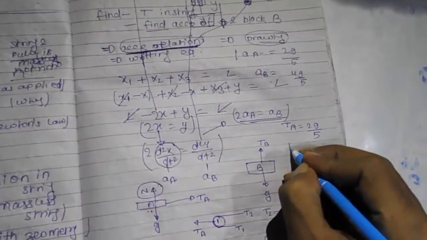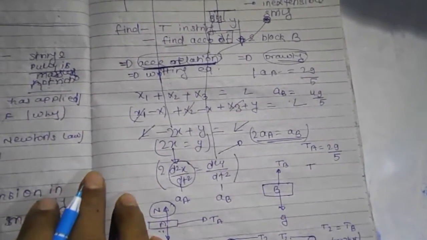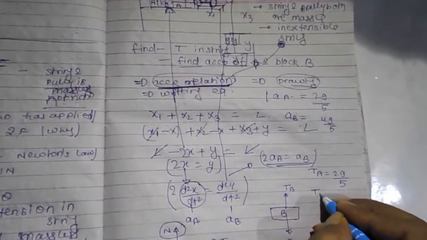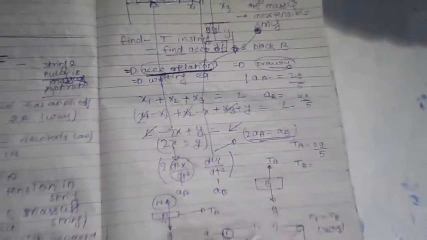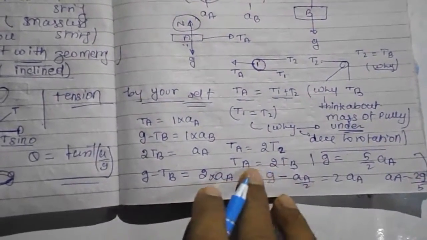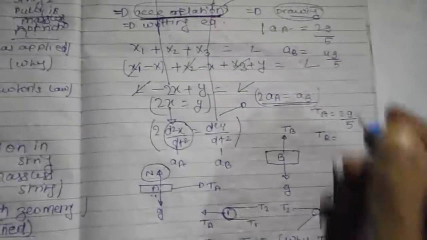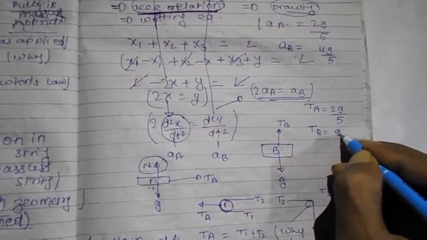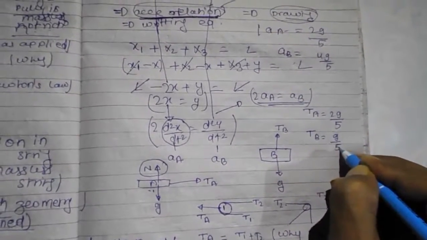Okay, so now find the tension in the string. TA is equal to 2TB, so TB is equal to G by 5.